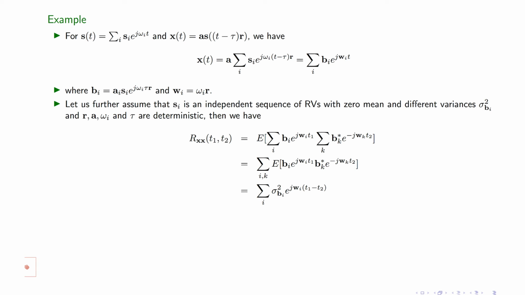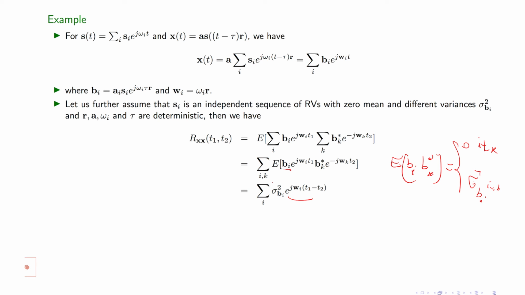So this gives you this one, and then this one, the mean of BI BK conjugate. If I assume that this is equal to 0 for I not equal to K, and is equal to sigma squared BI when I is equal to K, then this double sum becomes a single sum.